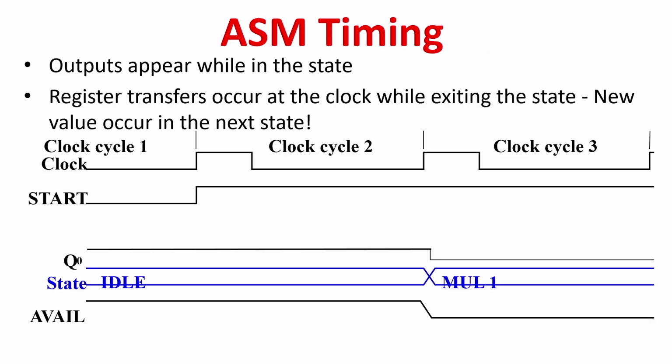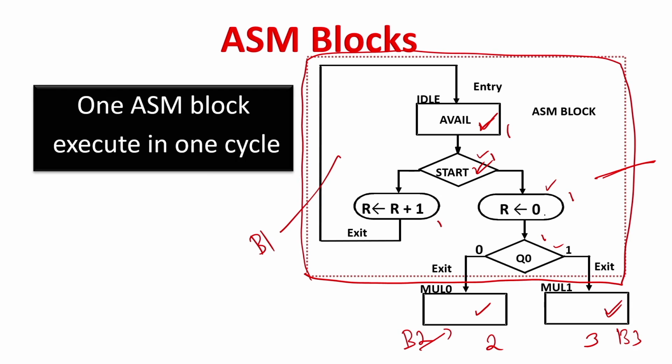So, in this example, what is happening? Look, start is equal to 1 and Q0 is equal to 1. Whenever start and Q0 are equal to 1 and it is currently in this state, it will follow this path and it will go to mul 1.